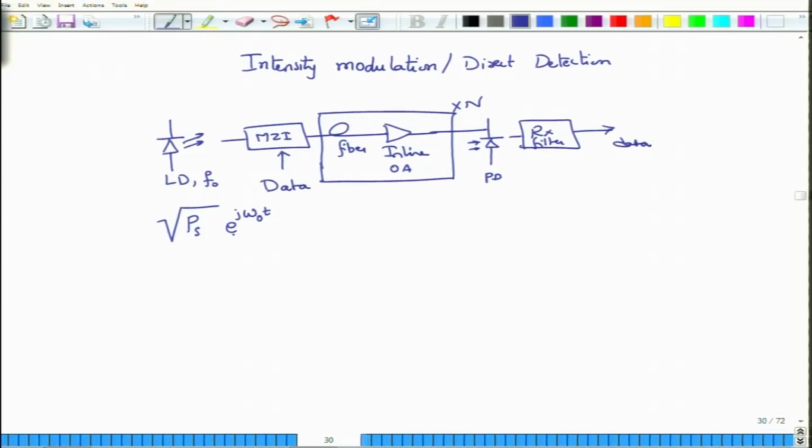For now we will neglect all noises associated with the lasers. We will assume that this laser generates a pure tone at a frequency f naught with a power of PS. So, this is the complex representation, and then we use a Mach-Zehnder interferometric modulator.